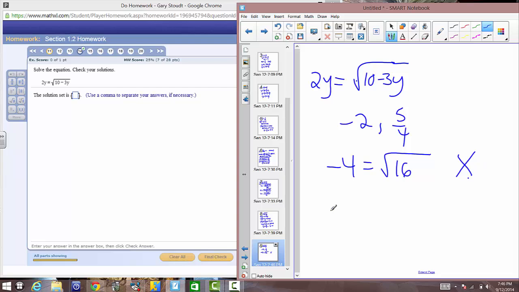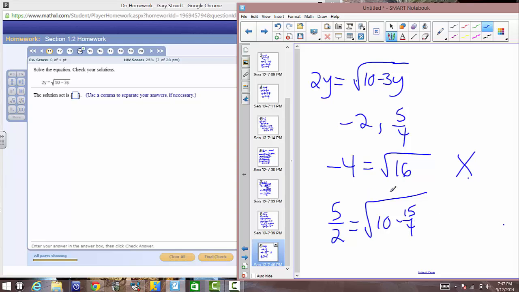And let's check 5/4. So when we multiply 5/4 times 2, we actually get 5/2. Now let's see what we get over here on the right hand side. The square root of 10 minus 15/4.